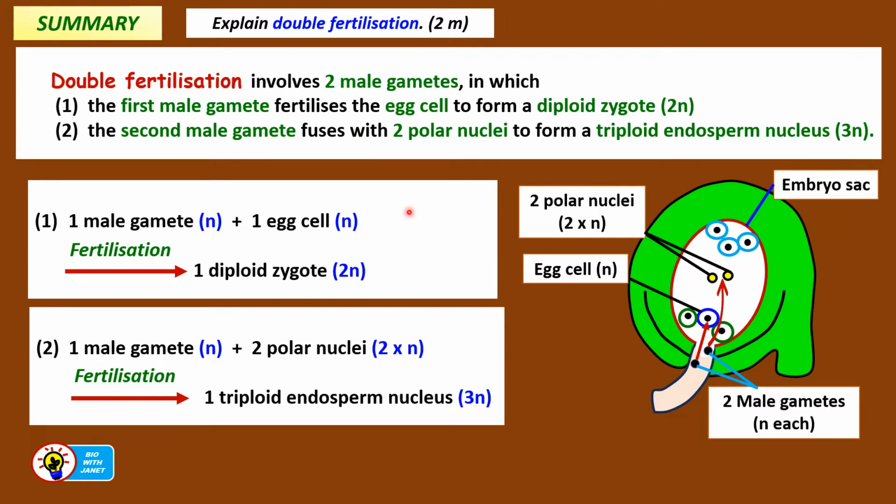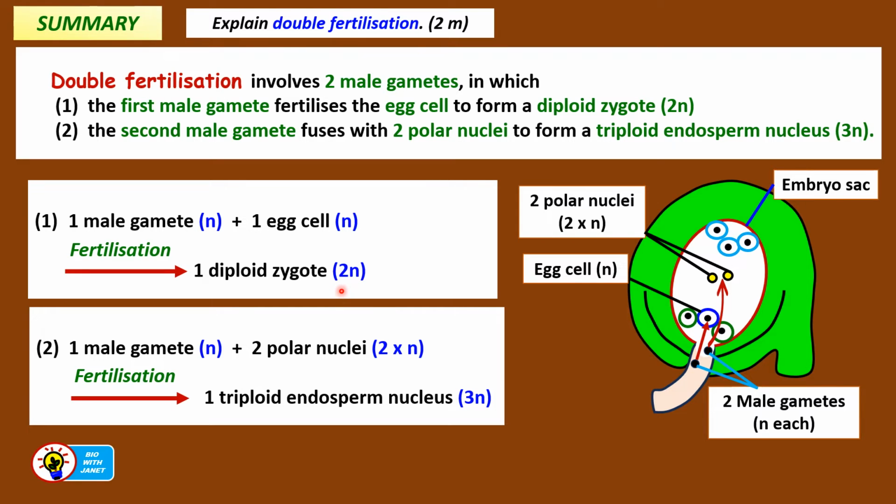Now, as a summary, you can even write this process of double fertilization as an equation to help you memorize. Okay, you can copy these two equations down, and then stick them on the wall in your bedroom and review them from time to time to memorize them. So firstly, one male gamete, which is haploid, fuses with one egg cell, which is haploid, to form a diploid zygote.